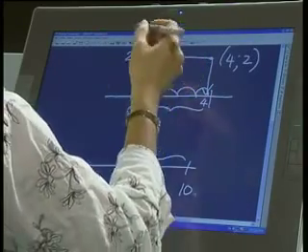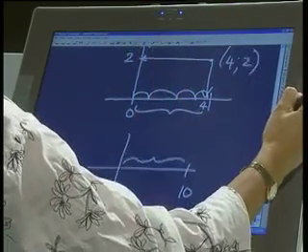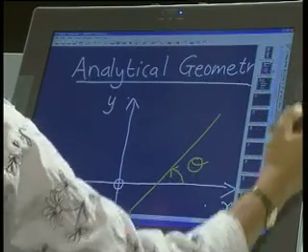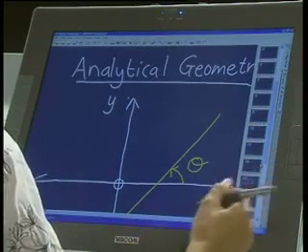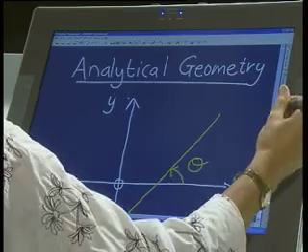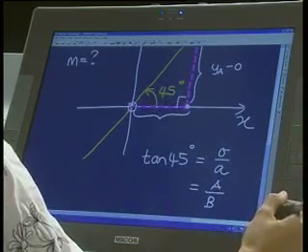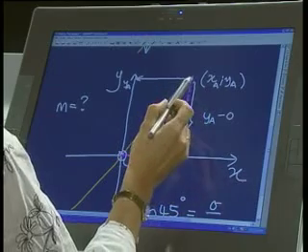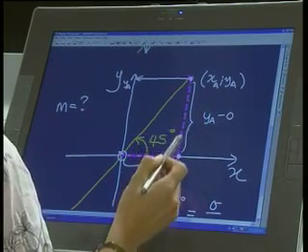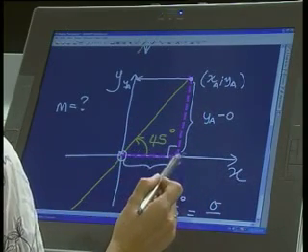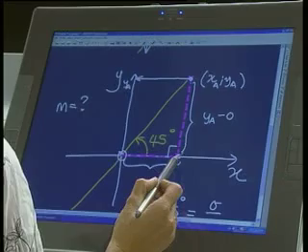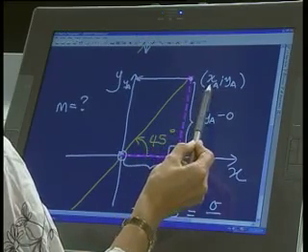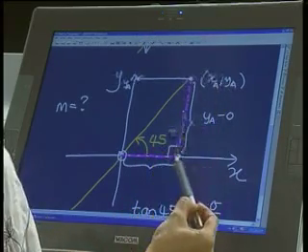Let's go back to the question on our next page. I was asking, if this is x of A, then what is the x value here? This point has coordinates x of A, y of A. What is the x coordinate?